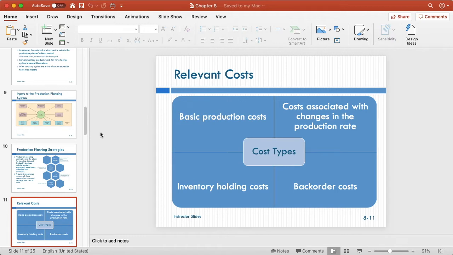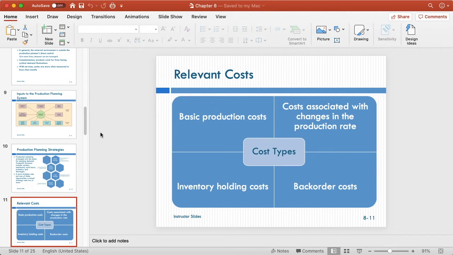But besides that, different strategies will incur different types of cost. One cost, like it shows here, is the cost associated with changes in the production rate. Since the market demand itself varies, in order to fit it, you may hire or lay off employees. That would be some cost.